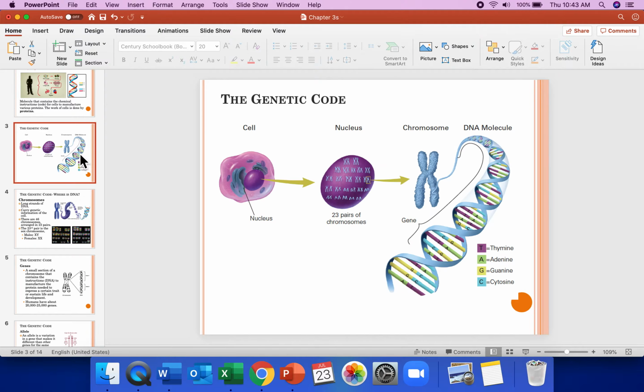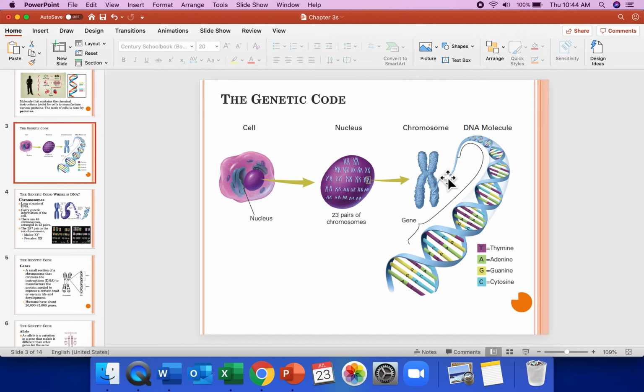cell. All right, so for the sake of our course, I don't want you to really worry about the details. I want you to know very important things, and that is DNA is inside the cell, inside the nucleus. DNA is basically inside the nucleus, wrapped up into bundles of chromosomes.